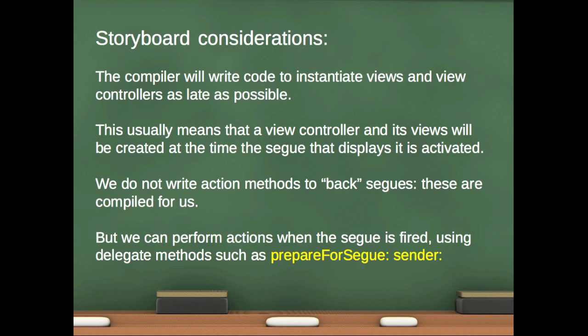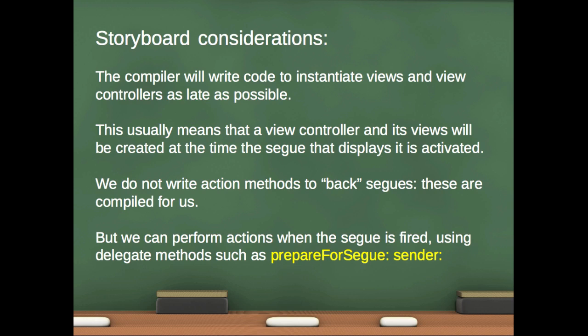If we control-drag a segue from a control on one view controller to another view controller, that segue will just work. We can also perform actions when the segue is fired, and to do that, we use methods such as the one I have here, prepareForSegue:sender:.